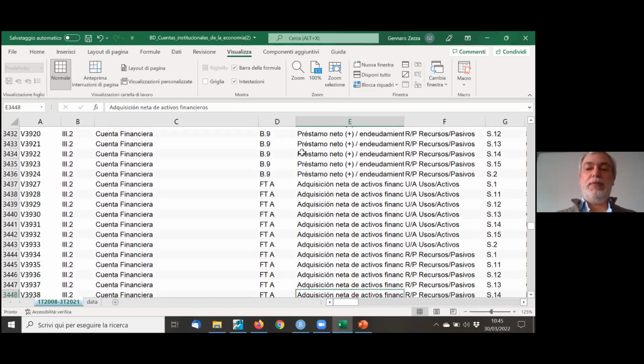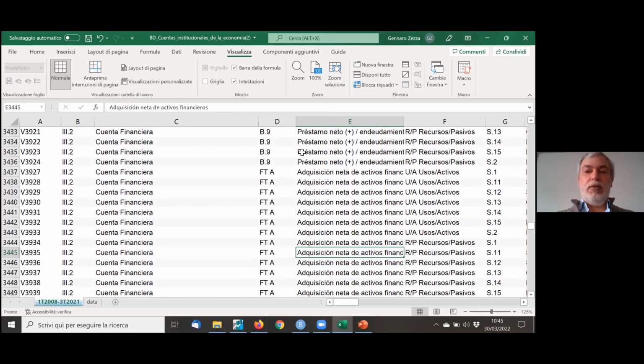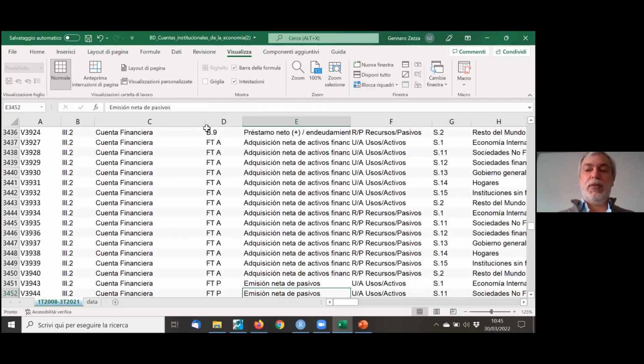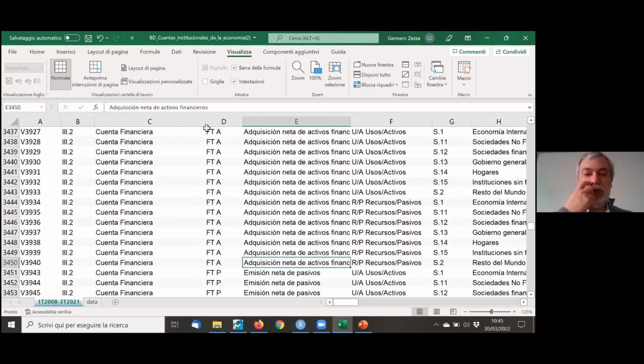So it should be these lines for assets. So this should be what we have as foreign debt. It's V3940.